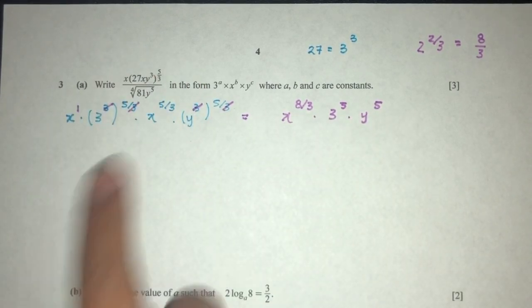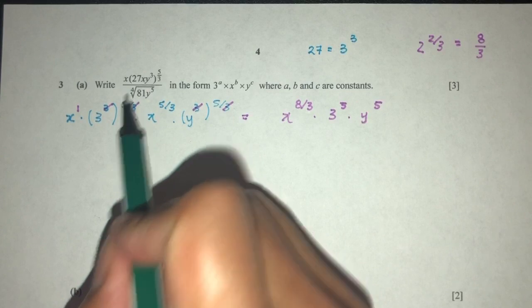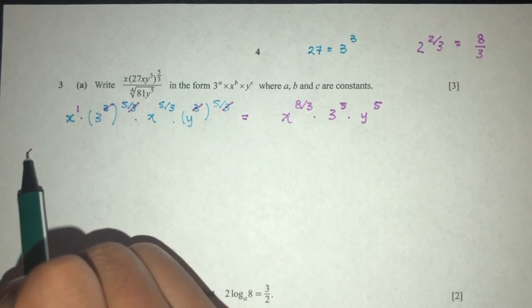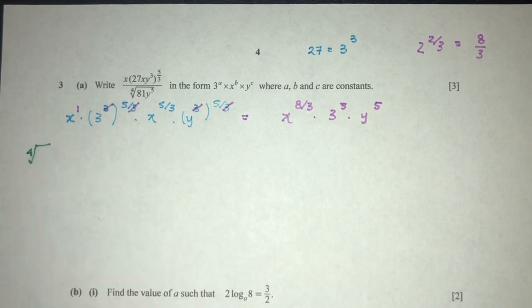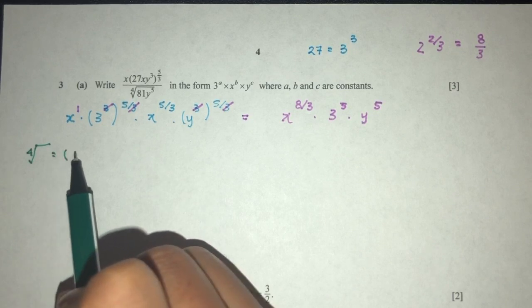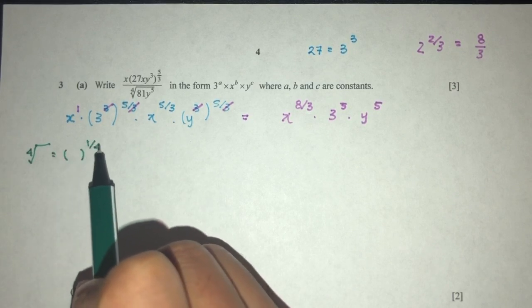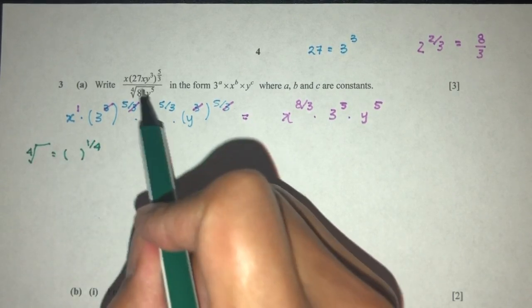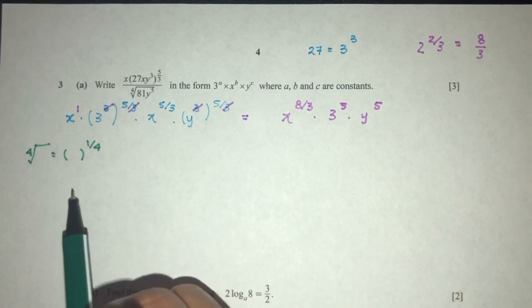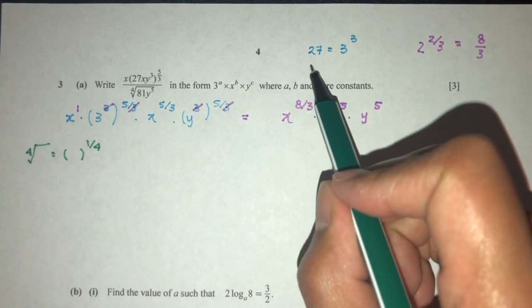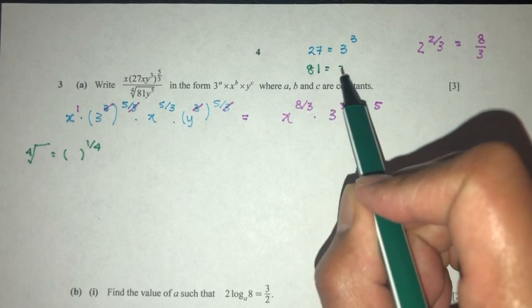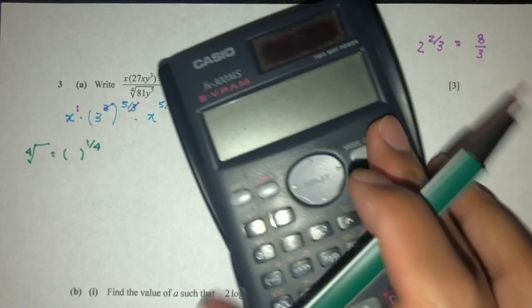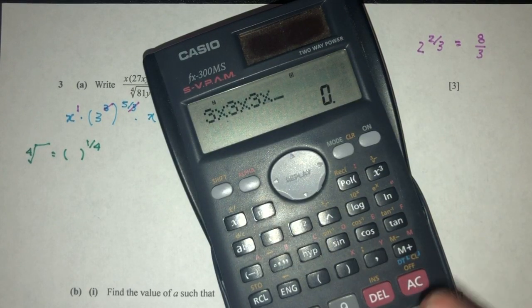Now let's simplify the powers for the denominator. So pretty easy. Now we have to understand, what does this symbol represent? It represents power of 1 over 4. We have to understand that, right? So here we have 81. Now what is 81? Let's see. 81 is 3 power 4. Let's check. 3 times 3 times 3 times 3, that will be 81.